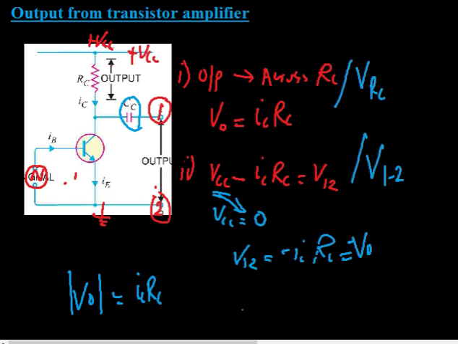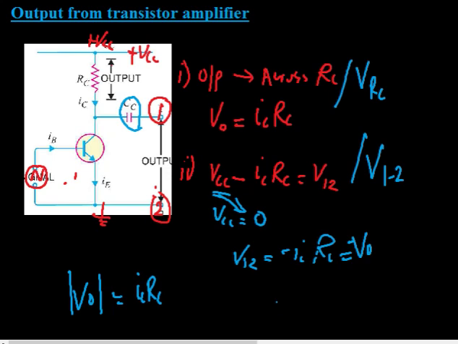For multi-stage transistor amplifiers, we take the output voltage across the terminals 1 and 2. So remember that if we are taking the output of a transistor amplifier across these two terminals 1 and 2, then it will have a phase reversal.